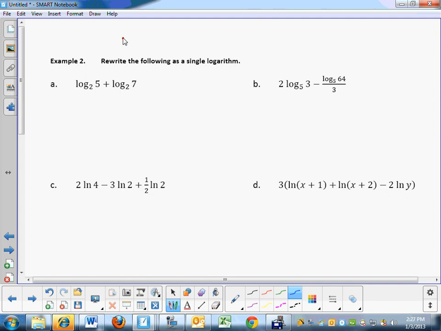Make it into 1. Good. Log base 2 of 5 times 7. What's 5 times 7? Good. Log base 2 of 35. Good. That's it.